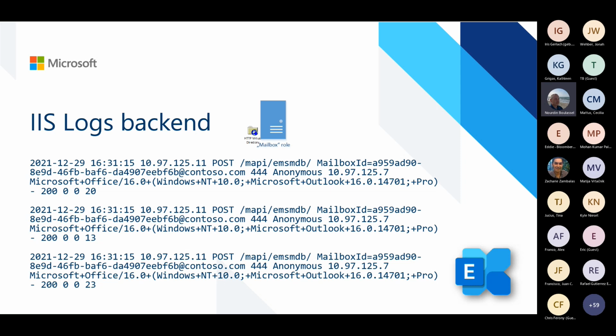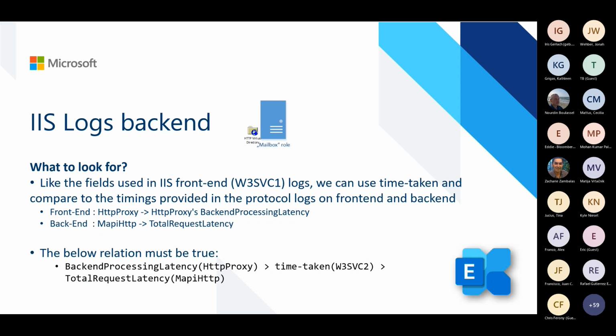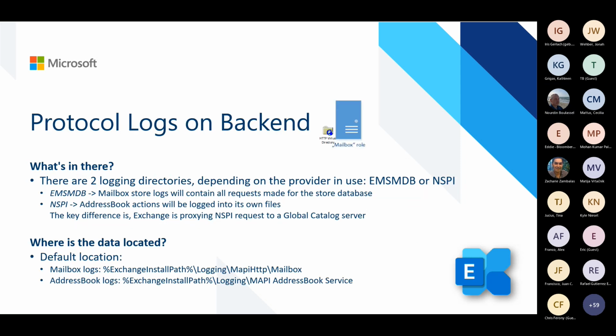So I personally don't collect these logs and I don't look at the IIS logs on the back end. I use the protocol logs, which are way more interesting because they provide other really meaningful entries for you to analyze and make it identifiable where the latency occurred.